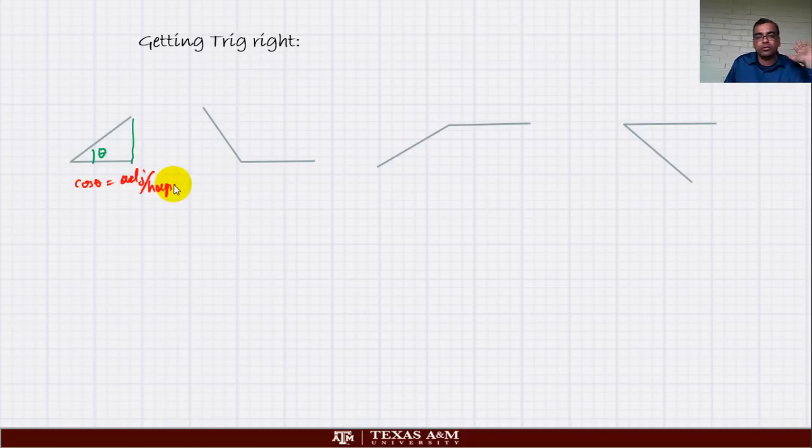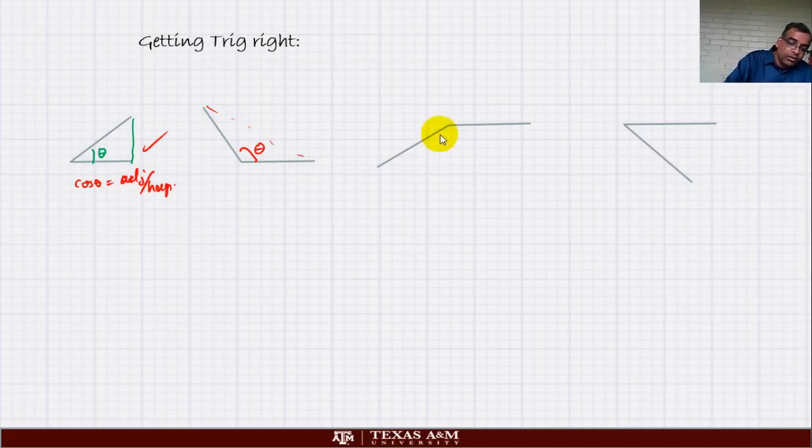And that will work for this. What about this angle? You can't do adjacent over hypotenuse. What is adjacent? Where is the hypotenuse? It turns out you cannot do it that easily.